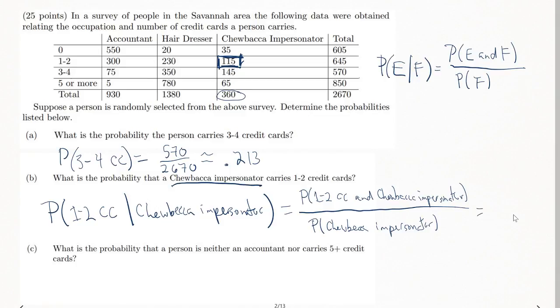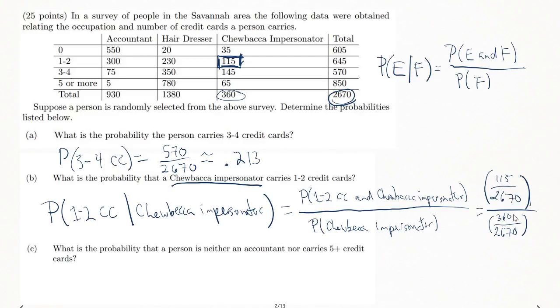So notice, what does it mean? If 1 to 2 credit cards and a Chewbacca impersonator, notice that's 115. And then now what are we out of for that probability? We're out of the total amount, so 2,670. Now, we aren't done yet, we need to divide by the probability that the person is a Chewbacca impersonator. And notice the Chewbacca impersonator, that's 360 people, divided by 2,670. Right, the total amount.